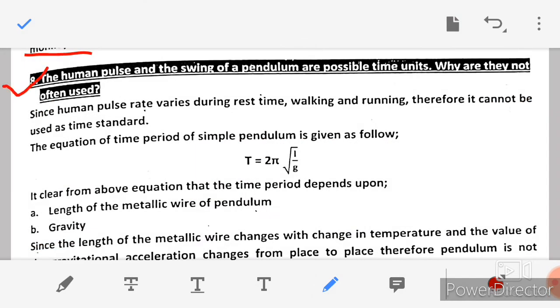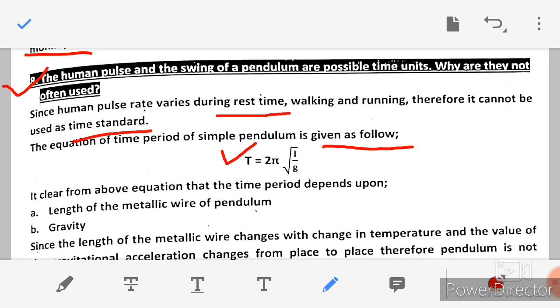Question number 8 is also included in the reduced syllabus 2021. The question is: the human pulse and the swing of a pendulum are possible time units. Why are they not often used? Answer: since the human pulse rate varies during rest, working and running, it cannot be used as a time standard. The equation of the time period of a simple pendulum is T = 2π√(L/g).